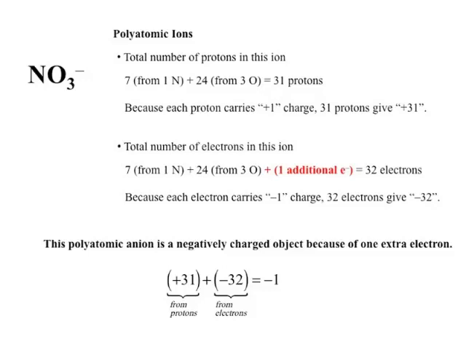Total, there are 32 electrons in this polyatomic ion. Therefore, positive 31 and negative 32 becomes negative 1. Therefore, this polyatomic anion is a negatively charged object because of 1 extra electron. Let's move to the next slide.